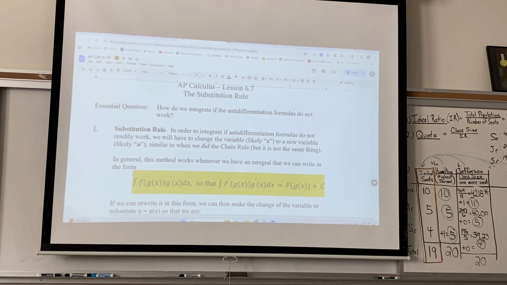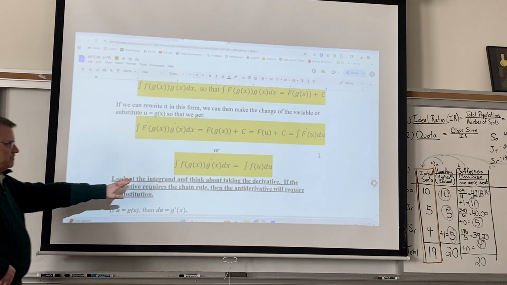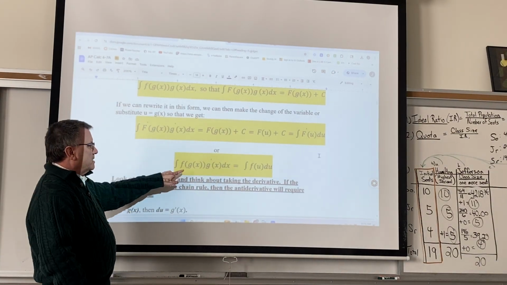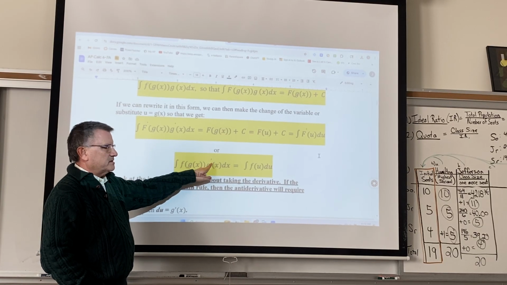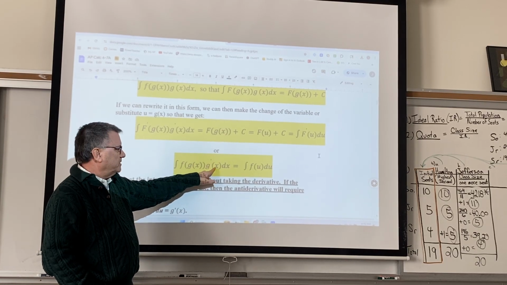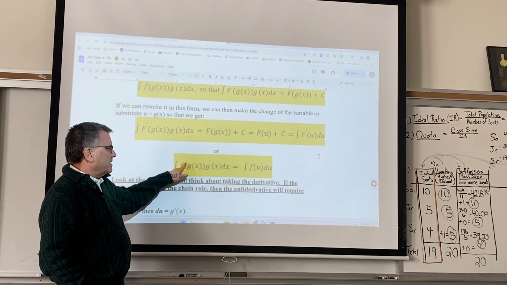Okay. So really this is what we're looking for right here. If I see a function and I also see some form of its derivative, I'm going to let that function be u, rename it as u.